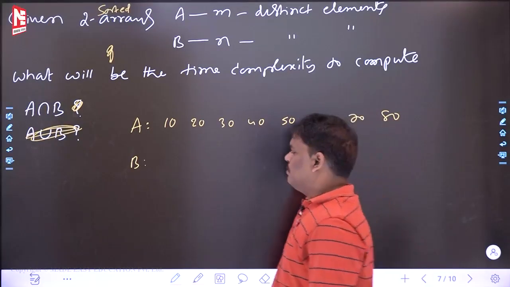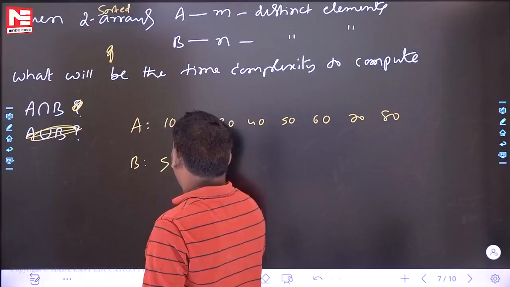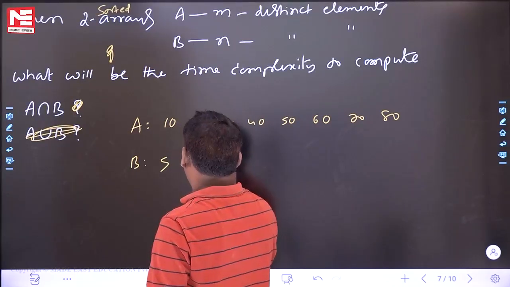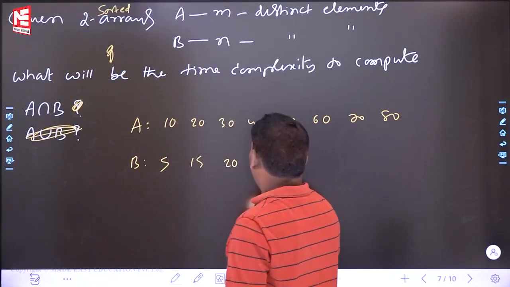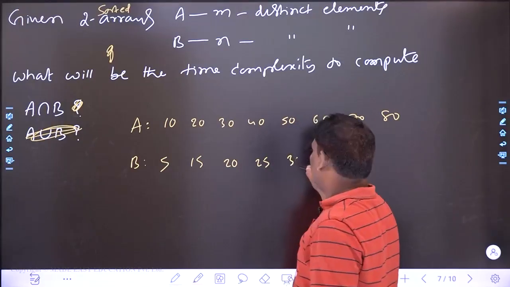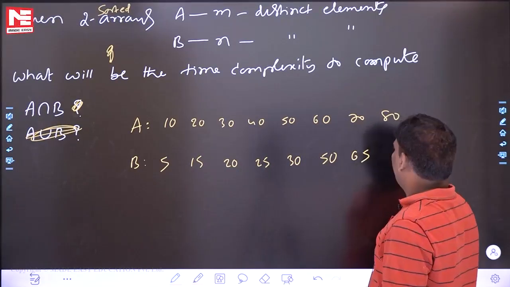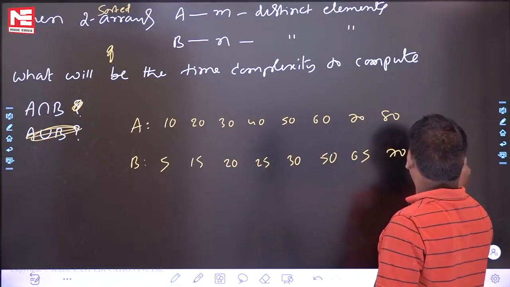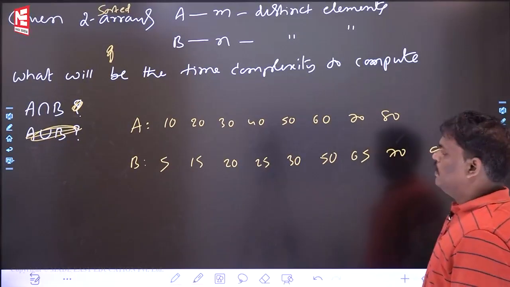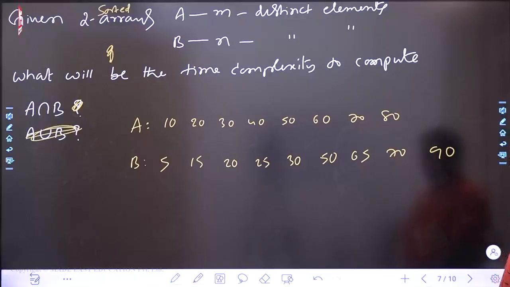Array B: 5, 15, 20, 25, 30, 50, 65, 70, 90. A is sorted, B also sorted, please check. I want to do the intersection, how?